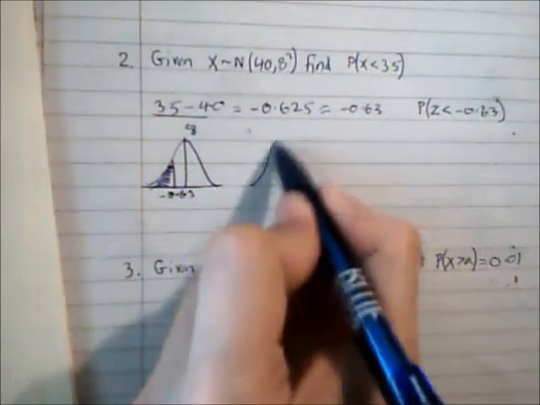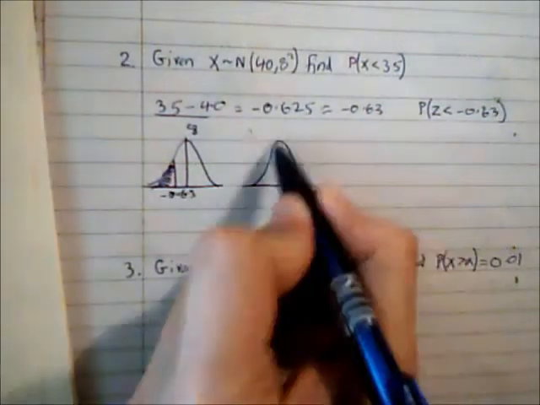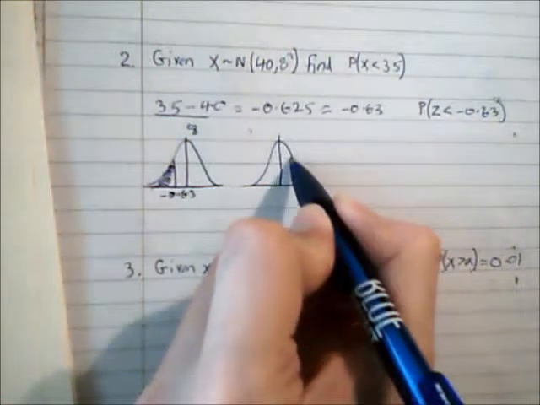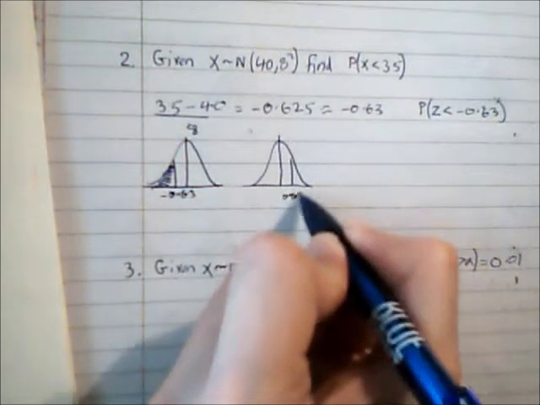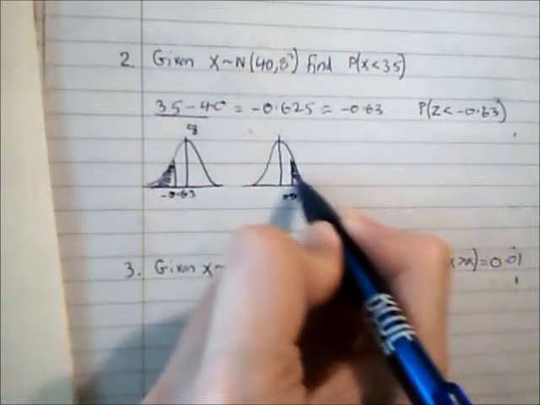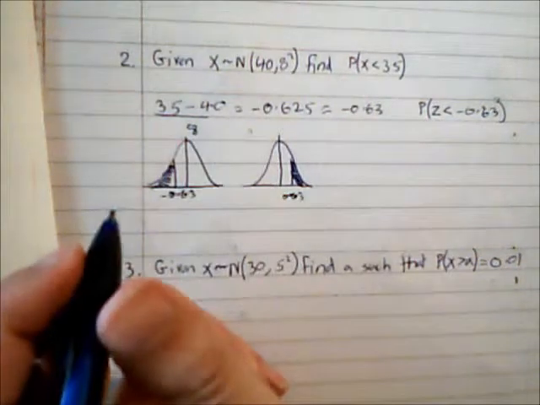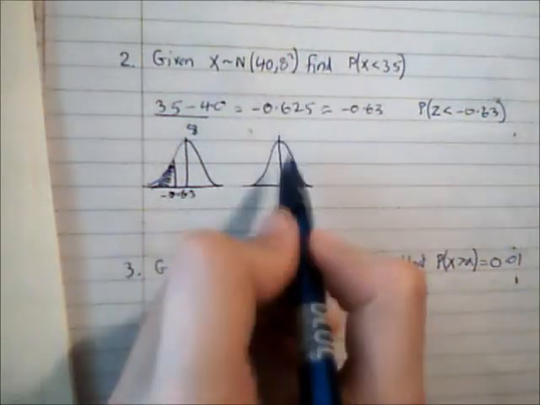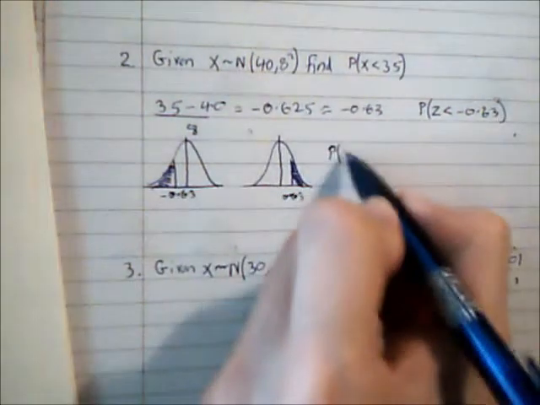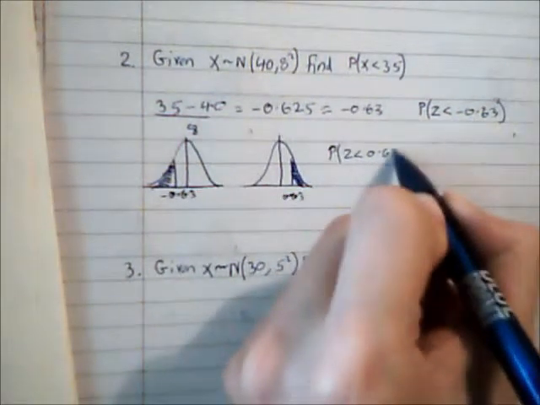So by symmetry I can say, well, this one over here is 0.63, must be greater than that. I can't look that up, but I can look up this white area. So the white area is the probability that Z is less than 0.63.